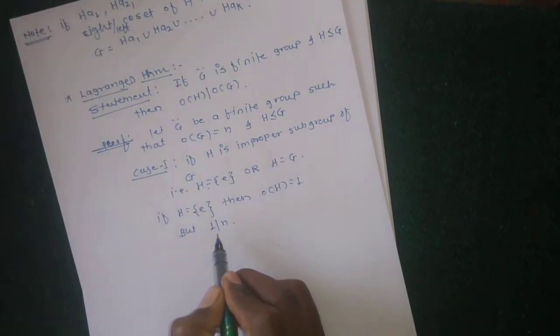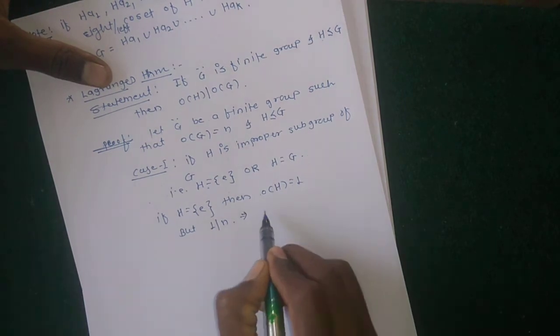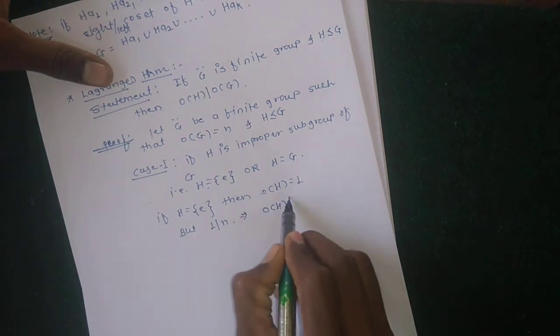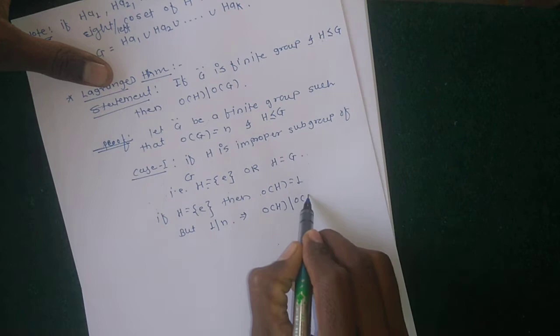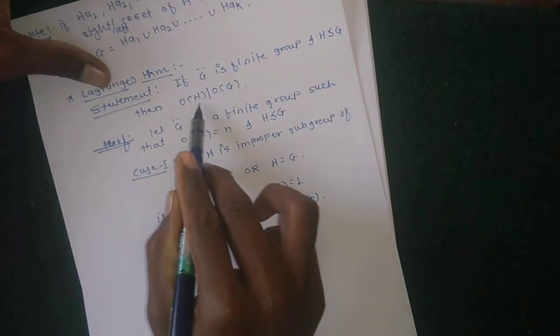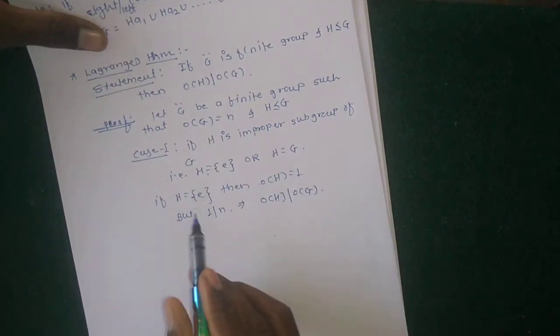But 1 always divides n, which implies that the order of H divides the order of G. The theorem is true for this case.